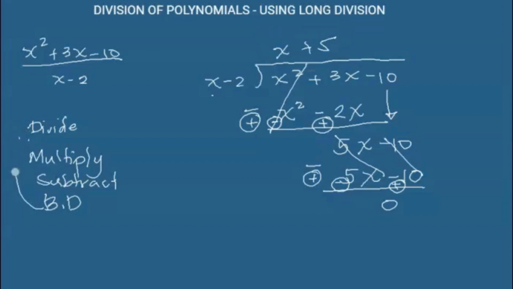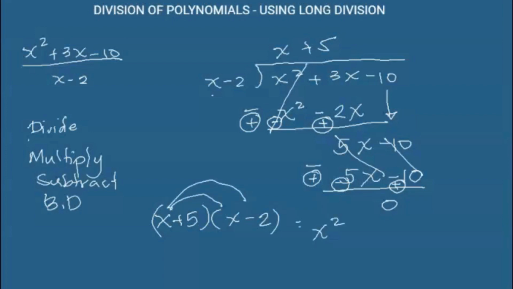We can check our answer by multiplying the quotient that we got, x plus 5, and the divisor, x minus 2. We should get the dividend x squared plus 3x minus 10. Let's see using the FOIL method. x times x is x squared. x times negative 2 is negative 2x. 5 times x is 5x.